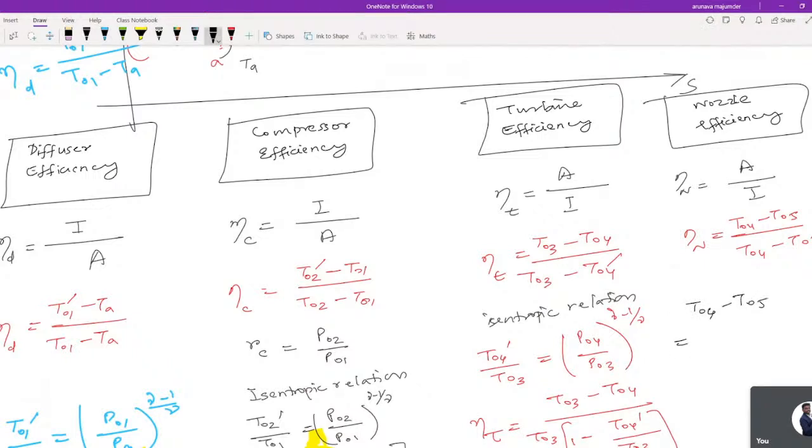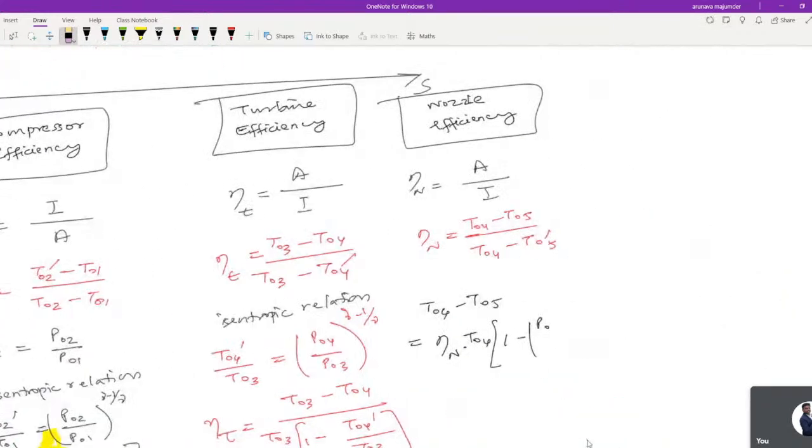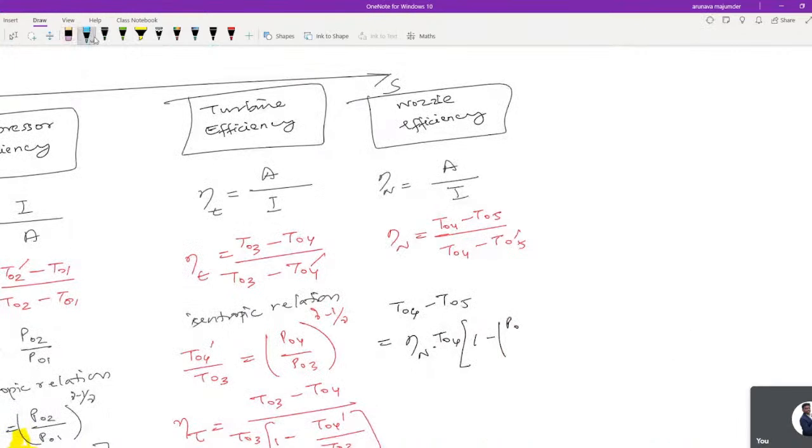You can also write it like eta N into T naught 4, 1 minus of P naught 5 by P naught 4 to the power gamma minus 1 by gamma. I hope it's visible. Okay. So this is going to be the final expression.